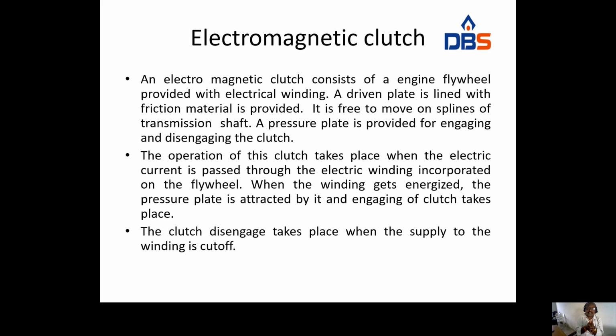Once the pressure plate is attracted, the engagement of the clutch takes place. Disengagement is very simple. If there is no current supply, it cannot act as a magnet, and due to spring force, the pressure plate will be disengaged. Like this, engagement and disengagement take place due to the supply of electric power. That's why this is called an electromagnetic clutch.